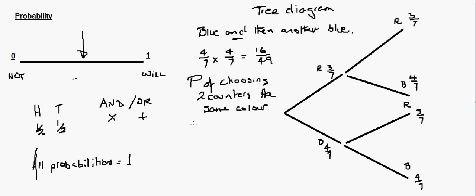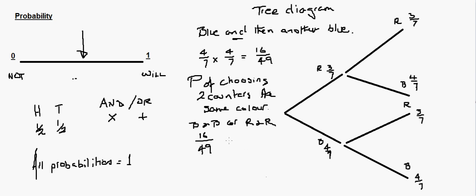So this will be a blue and a blue, or a red and a red. Now we have the ands and the ors in there. So a blue and a blue, well, we work that out back here, 16 over 49. So I know that's 16 over 49.